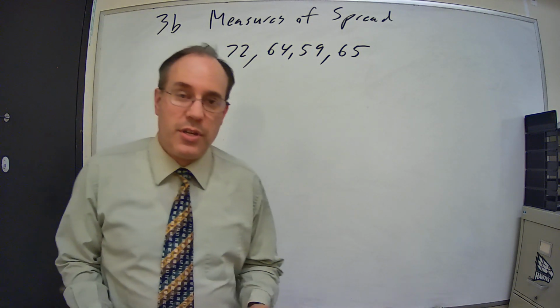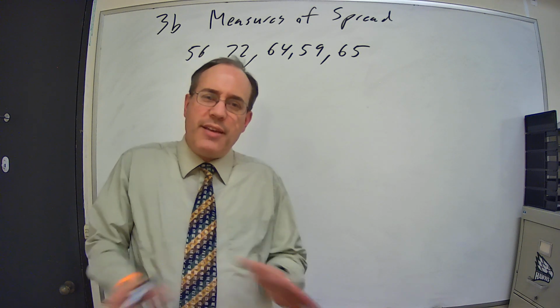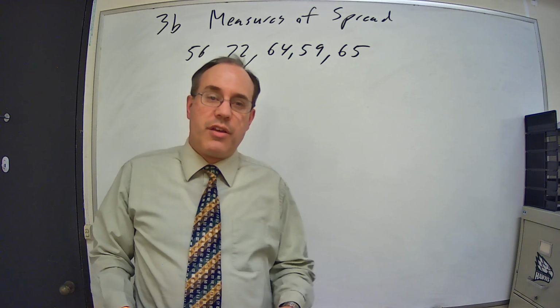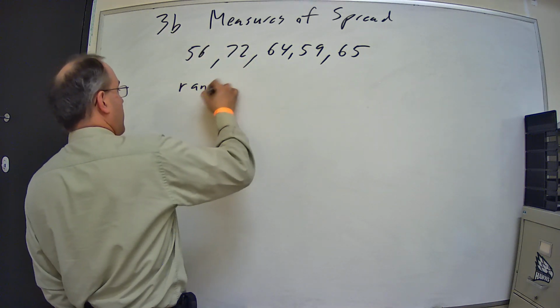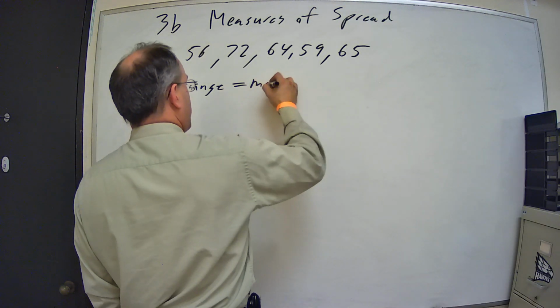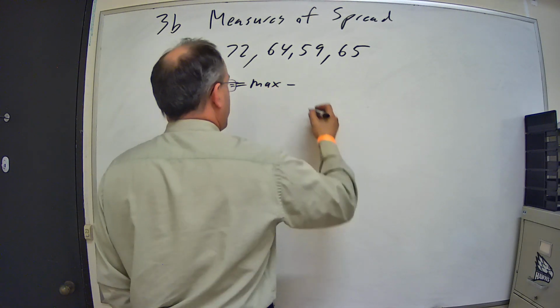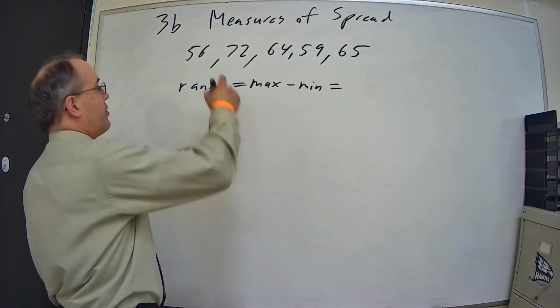My first measure of spread that I'm going to do is my basic measure of spread, which is just the range. And we've already done the range. Range is just the max minus the min. Remember, we did that for doing our frequency distributions. So our maximum value here is 72.